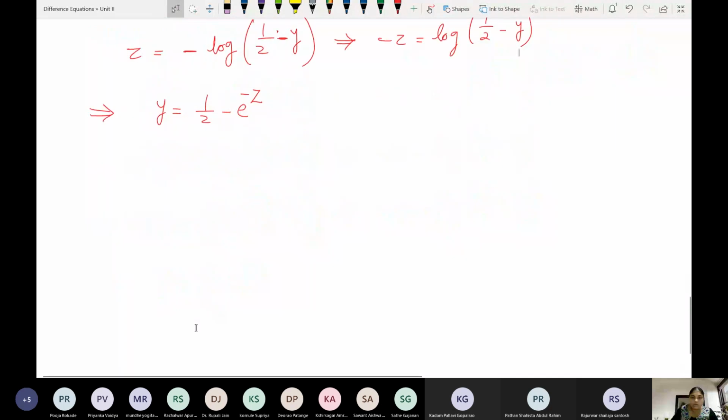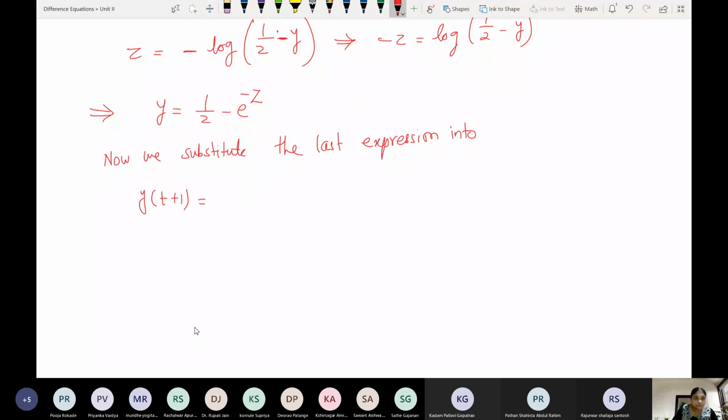Now we substitute the last expression into our functional equation, y at t plus 1 is equal to 2 times a times y of t into 1 minus y of t, into equation 1, that is this one.